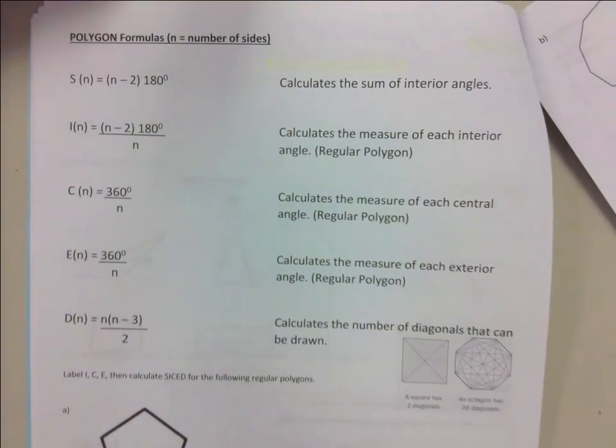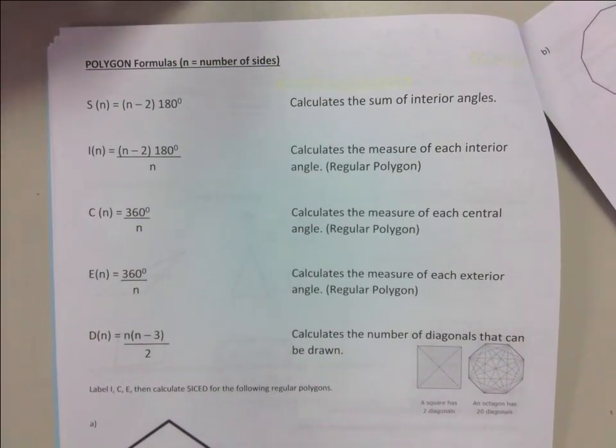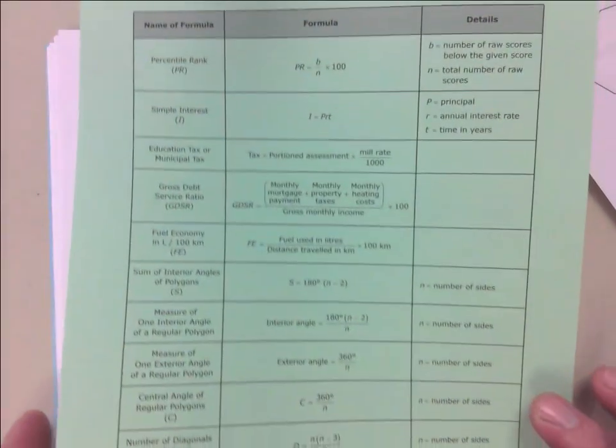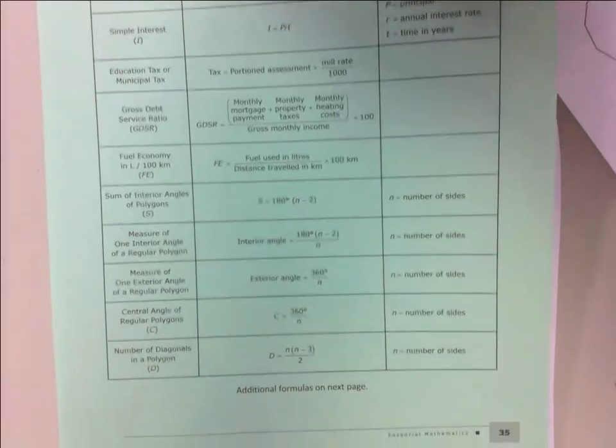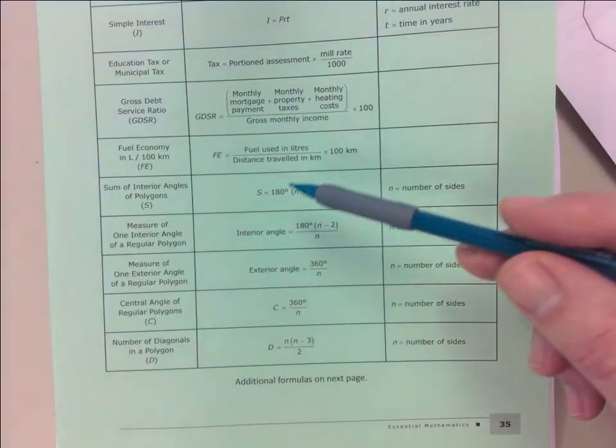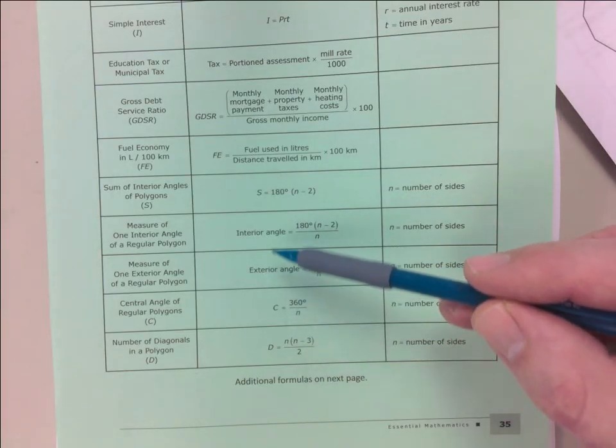Here are the formulas that you must know how to use for polygons. I'm telling you right now that it may look overwhelming. It all has to do with the number of sides of that polygon. You see n everywhere, right? N is everywhere. On your formula sheets, the green one, these formulas are all given to you here.